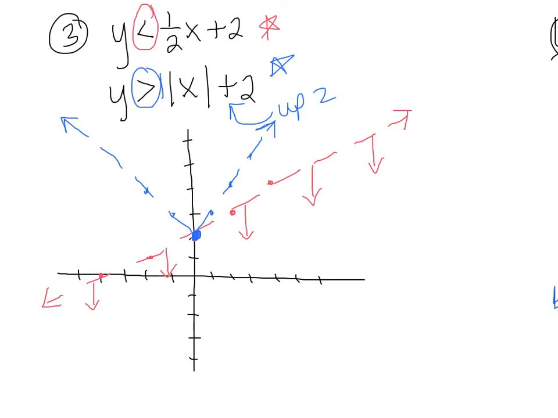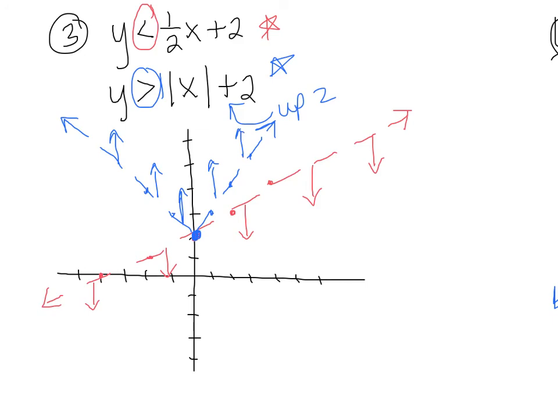Okay, so again, the points on the V-shaped graph also are not included in the solution set because it's a dashed line, not solid. And we have a greater than sign, which means we would be shading up above the points of this V-shaped graph.